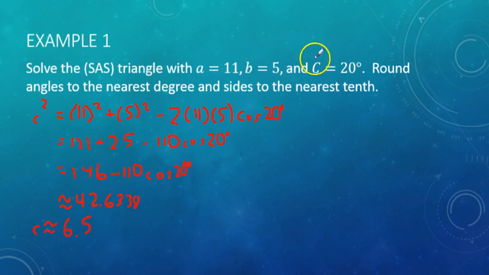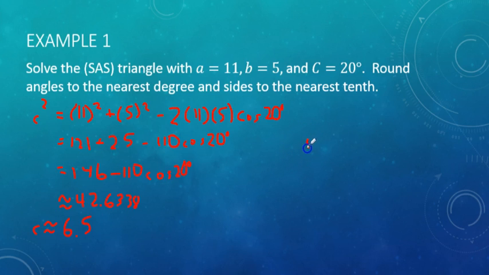So now we have all three sides of our triangle. Now, like I said, you could keep using law of cosines and take advantage of the formulas I have on the reference sheet for you guys to find the missing angles, or a lot of you might find it easier to switch to using law of sines at this point.